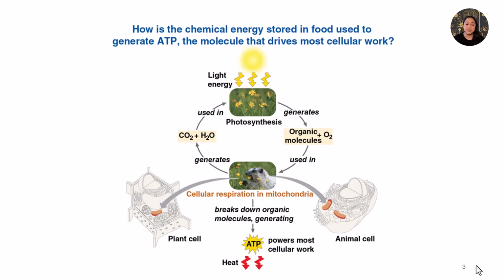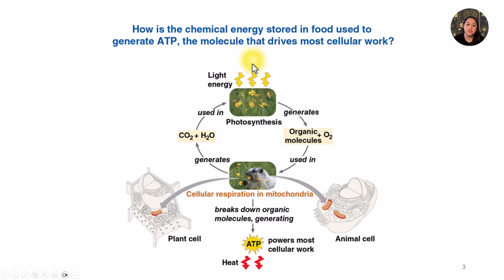So in the grand scheme of things, if we zoom out even more, actually, this lecture we're going to talk about cellular respiration, and next lecture we're going to talk about photosynthesis, but they are tied together really well in the grand scheme of things, because we can only do cellular respiration because plants do photosynthesis. So ultimately, if you think about an ecosystem, light is a form of energy, as we talked about.